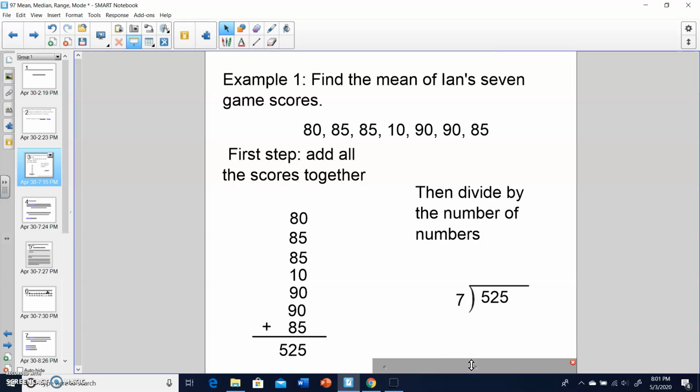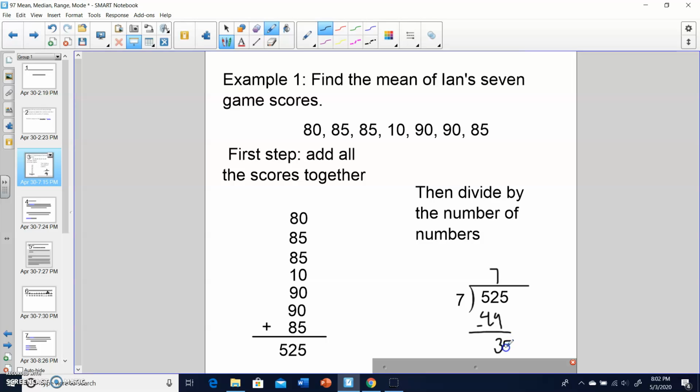Okay, so 525 divided by 7, if I take the 7 into 52, it would go 7 times. Can't quite get an 8. So 7 times 7 is 49. That's a 49. Subtract 52 minus 49 is 3.